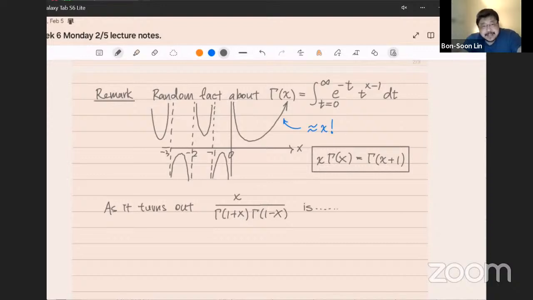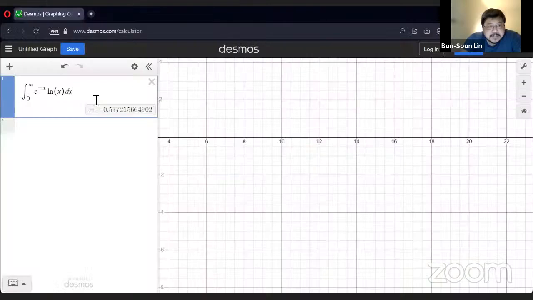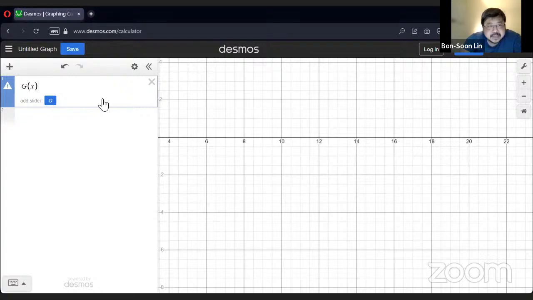Well, let's see. I'm going to use Desmos to plot this, and we're going to see what this is. Are you ready? Are you excited? Let's check it out. So first, let me define gamma. Let's write g of x for gamma.